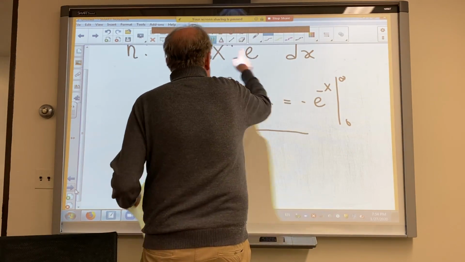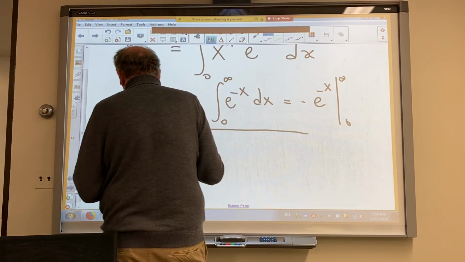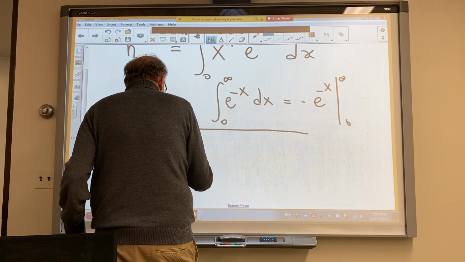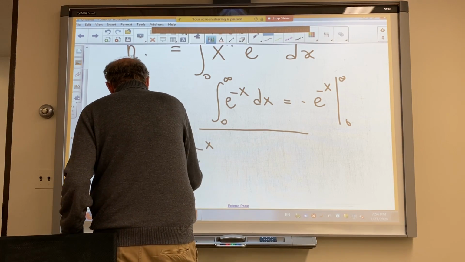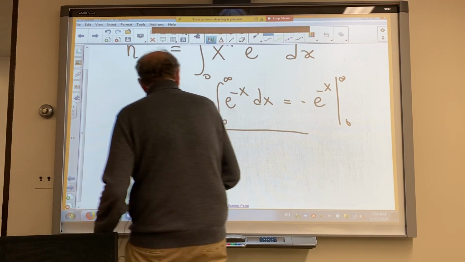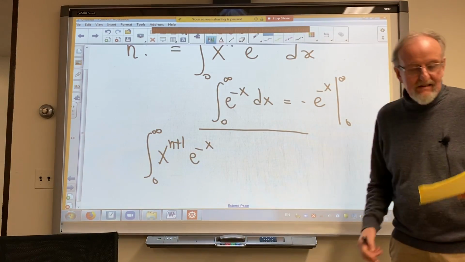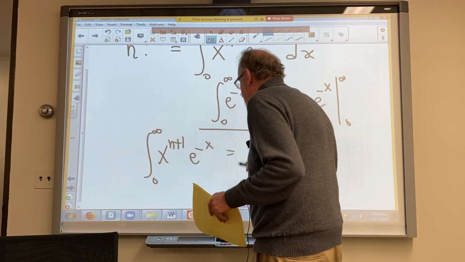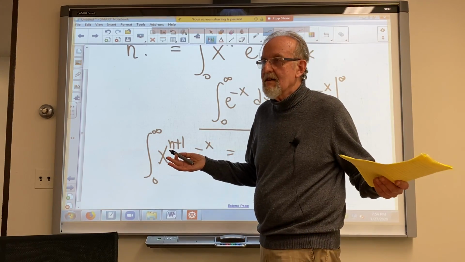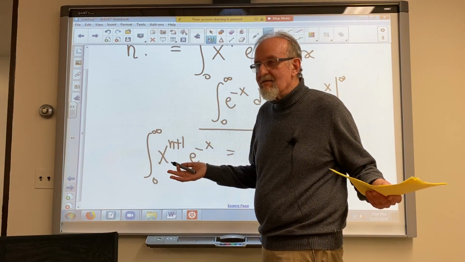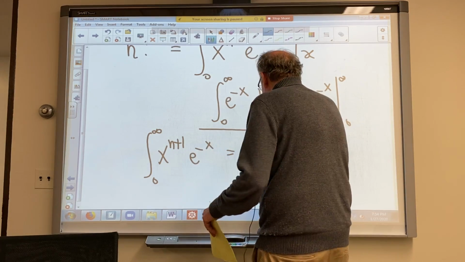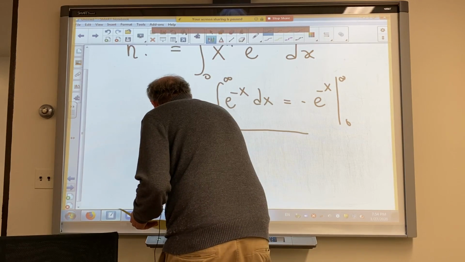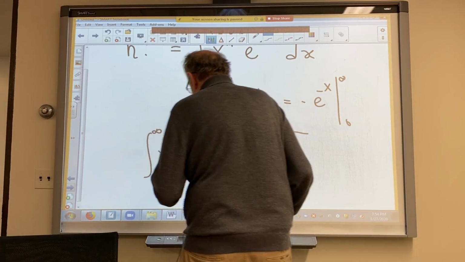Let me do that. So I am assuming that this is valid, and I want to calculate x to the n plus 1 e to the minus x, integrated from 0 to infinity, and calculate what it is. Okay? And how do you do it? You all did Calc 1, right? By parts. Okay, so you call this u, you call this dv.